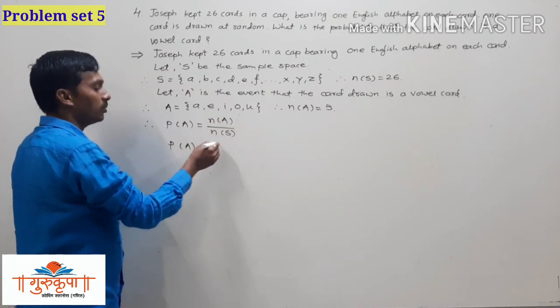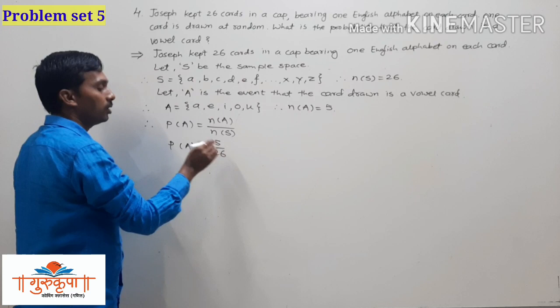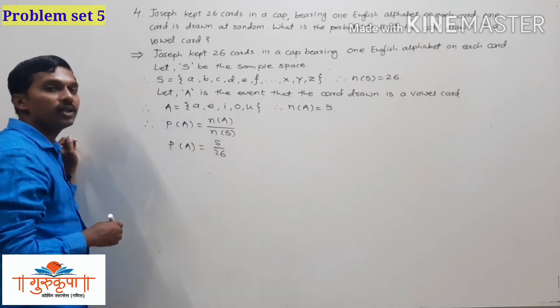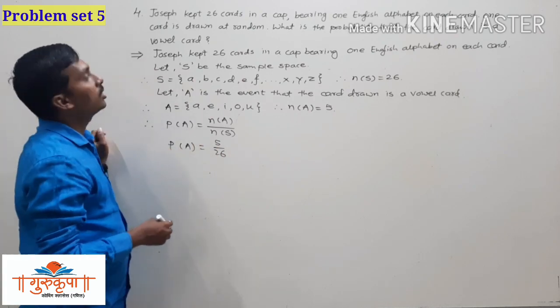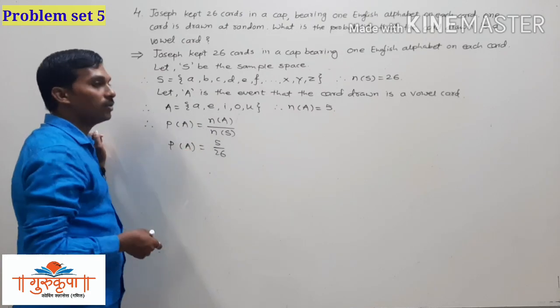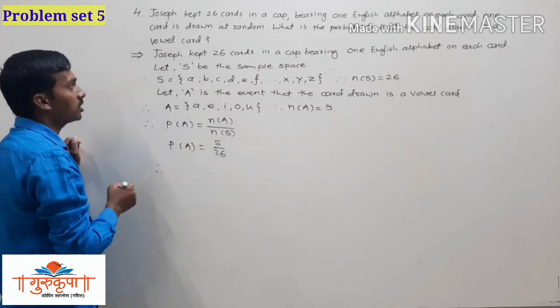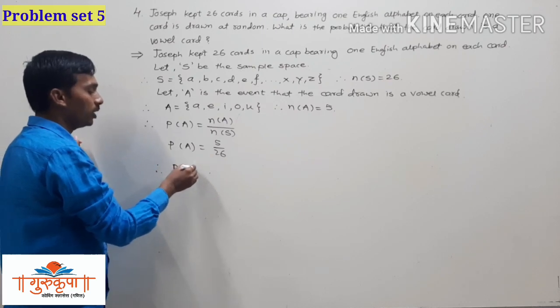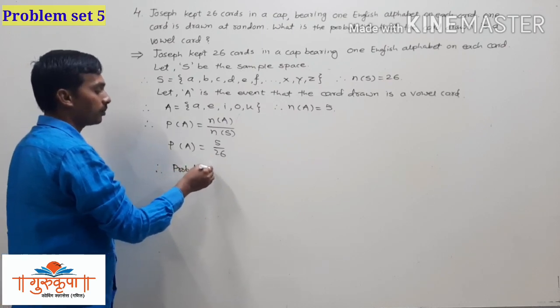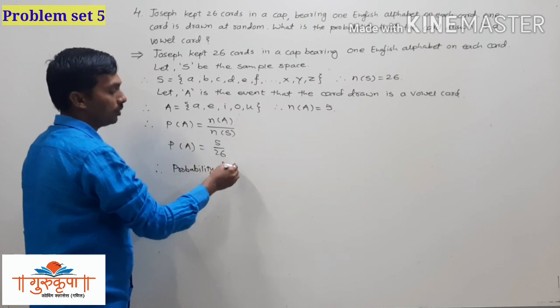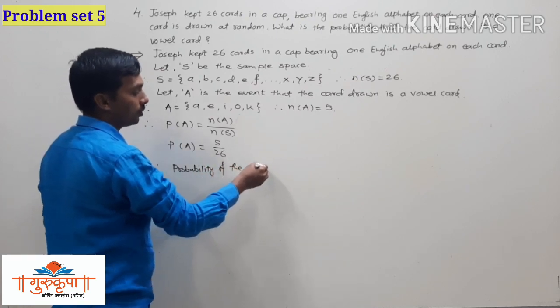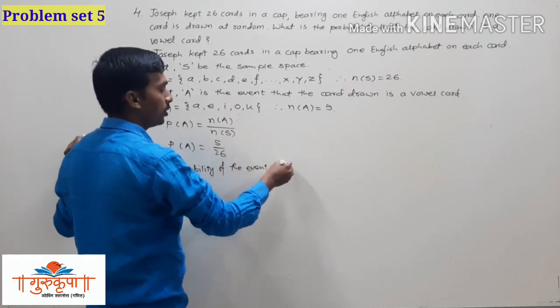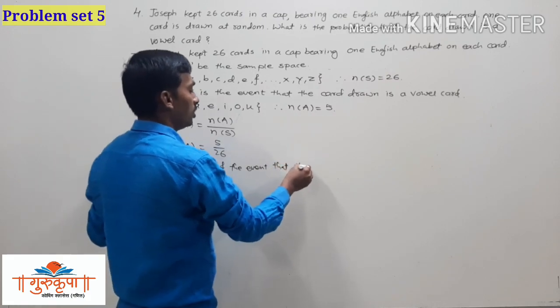Probability of A is equal to 5 upon 26. Probability of the event that the card drawn is a vowel card is 5 upon 26. Here you can write the answer in words: probability of the event that the card drawn is a vowel card.